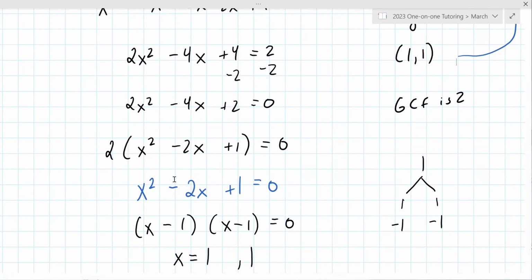Two factors of the one on the right that add up to the middle number. One, negative one.